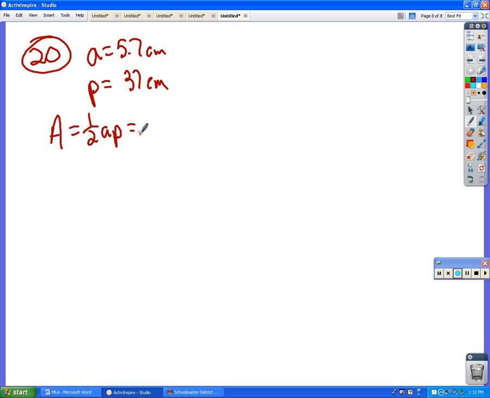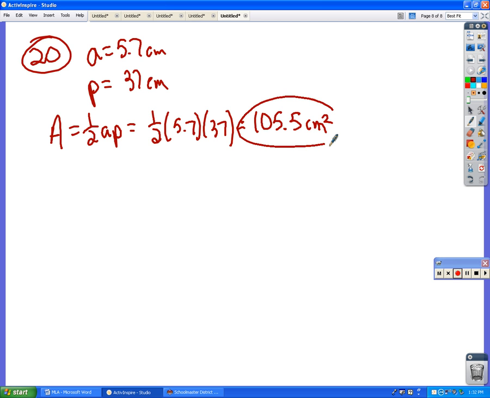So this is actually a pretty simple problem to give you all the information that you need. So you're going to go 1/2 times 5.7 and then times 37. And if you multiply those together correctly, you should get about 105.5 square centimeters. Okay? So that one's relatively easy. It's good for you guys to brush up on those formulas, apparently.